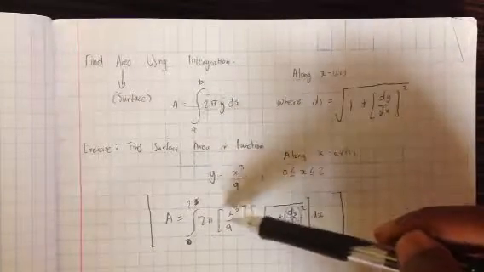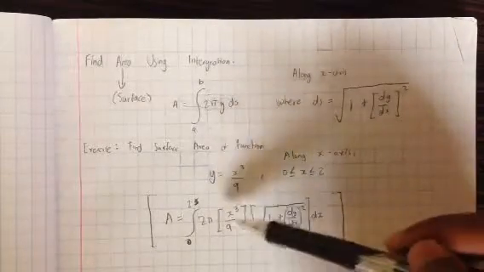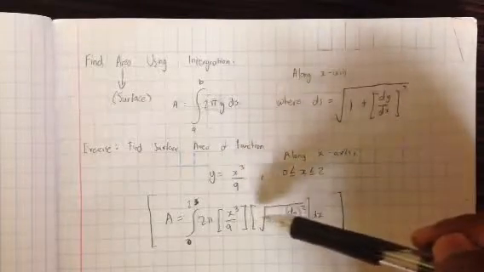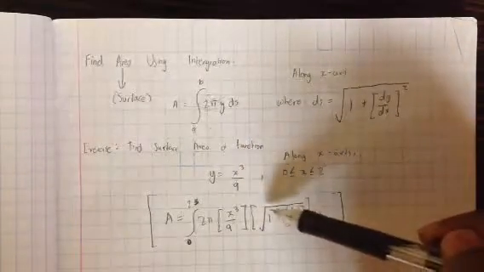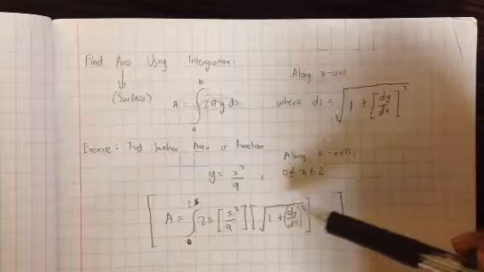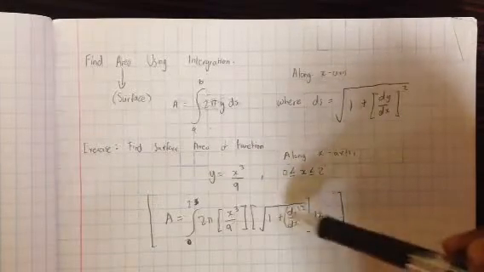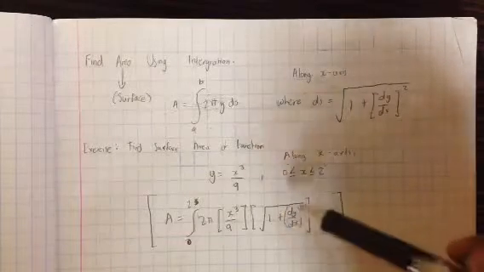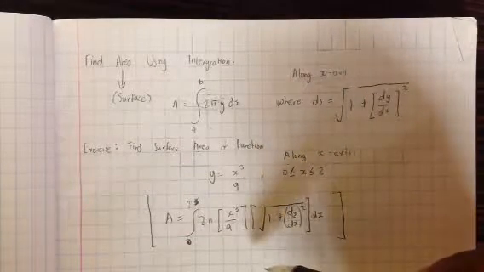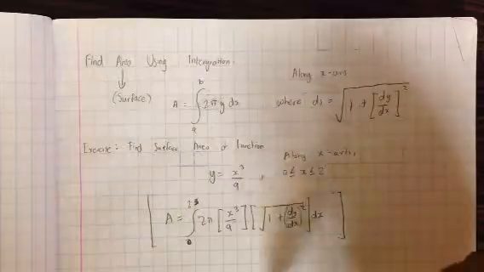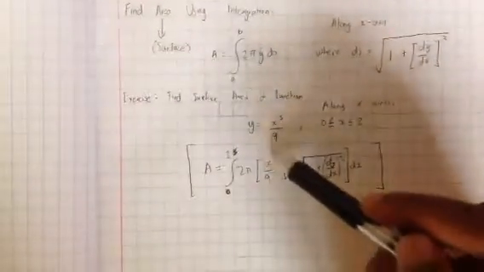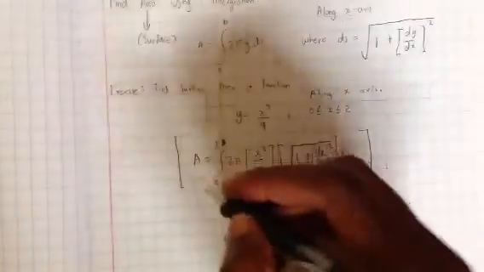We put in x cubed over 9 because that's our y function, and then we put in the arc length value, where we have the square root of 1 plus (dy over dx) squared. So now our first task is to find dy over dx, square it, and place it there to see how everything works from there. So this is what's going to happen. We find dy over dx of this function.